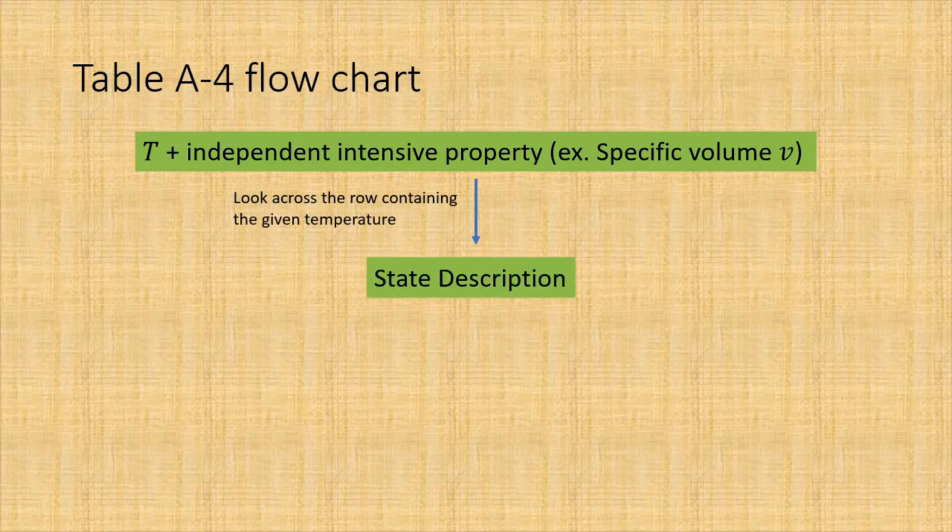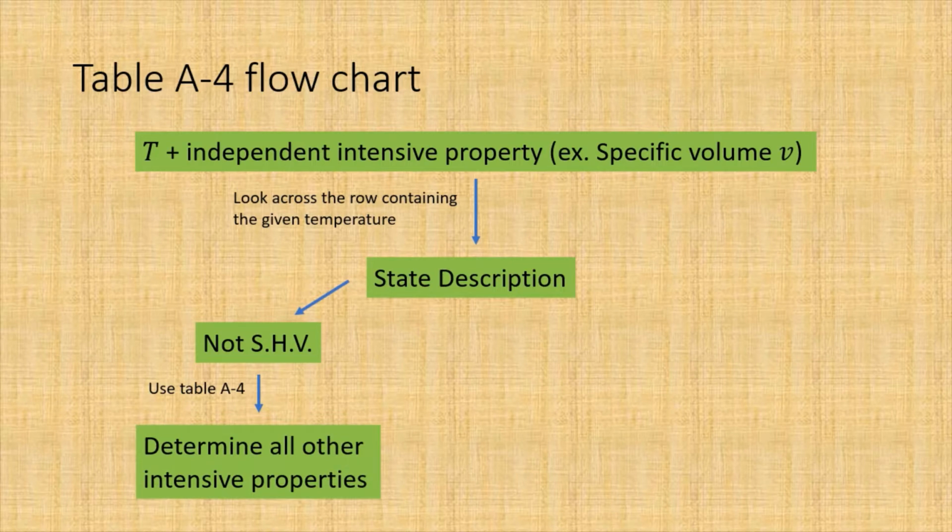And if the substance is anything but a superheated vapor, we can use table A4 and determine all other intensive properties. If we have a superheated vapor, we will need to use table A6, the superheated water table. And then we will be able to determine all other intensive properties.